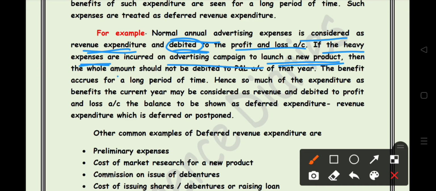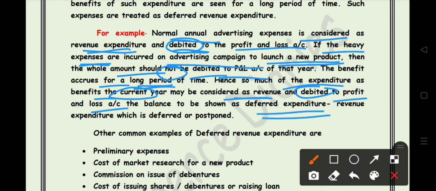Then the whole amount should not be treated or debited to the P&L account of that year. The benefit occurs for a longer period of time, hence only a part of the expenditure is a benefit to the current year, and that part is debited to the profit and loss account. The balance is to be shown as a deferred revenue expenditure.